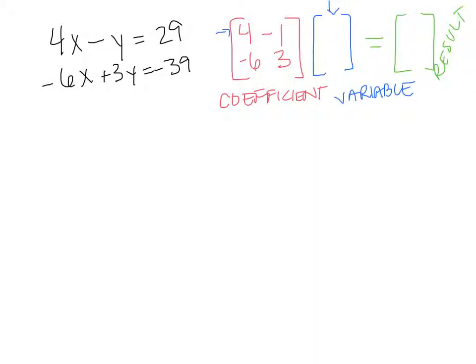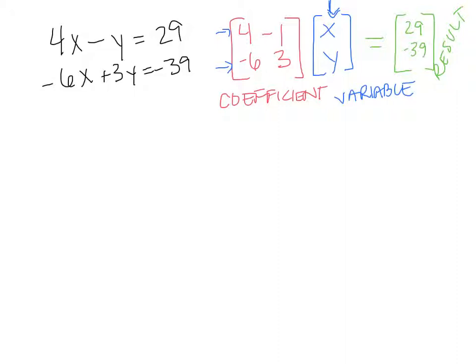So the 4 would get multiplied with the first entry in this matrix, so that needs to be X. And then we have row 2, column 1, and we want to think about what is going to get multiplied with that second part, and that is the Y. So if you carried out the matrix multiplication, you'd see you'd end up with that first half of the system. Now for the resultant matrix, well, it's just going to be 29 and -39.